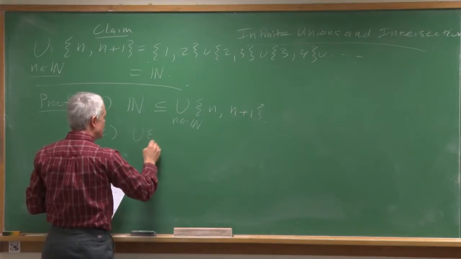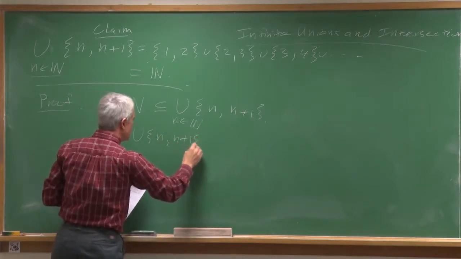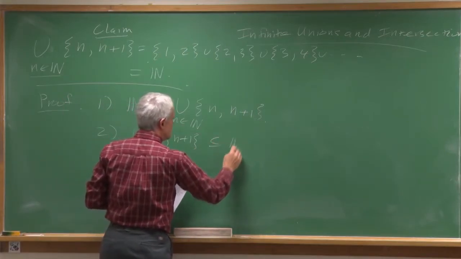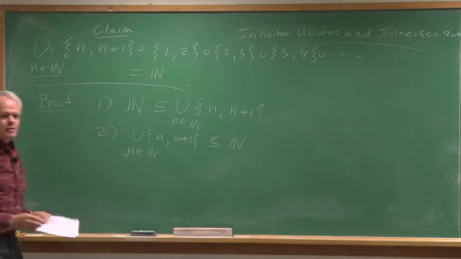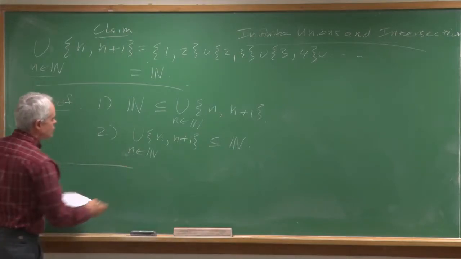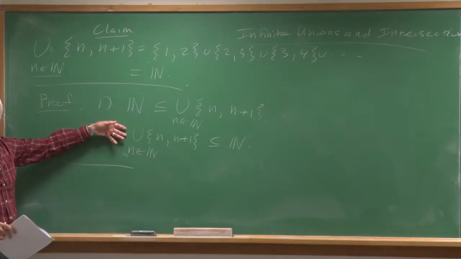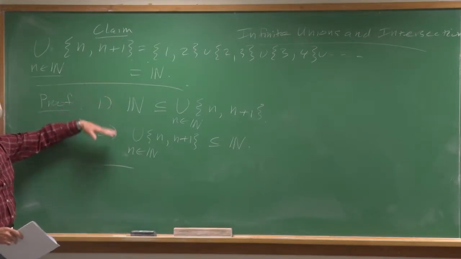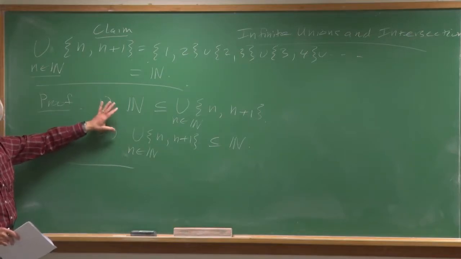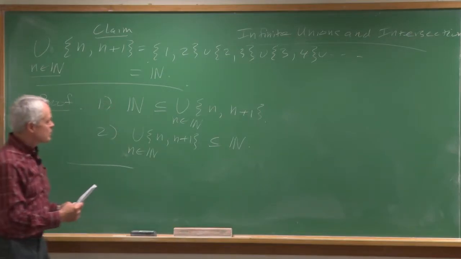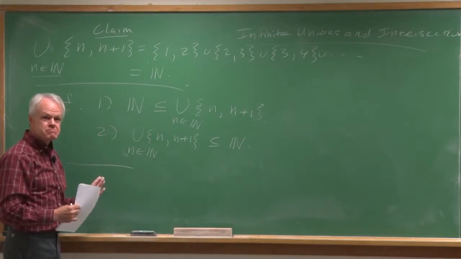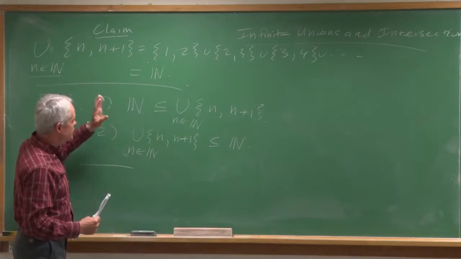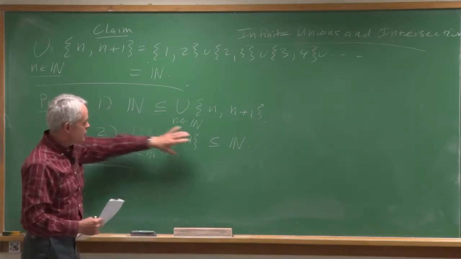Second, that this set is contained in that one. Sometimes you can do both steps at the same time, but it's often simpler to do them one at a time and to be sure that you've covered every possibility. So that's what it means for two sets to be equal. They have the same elements. The elements in here are in there, and the elements in here are in there.